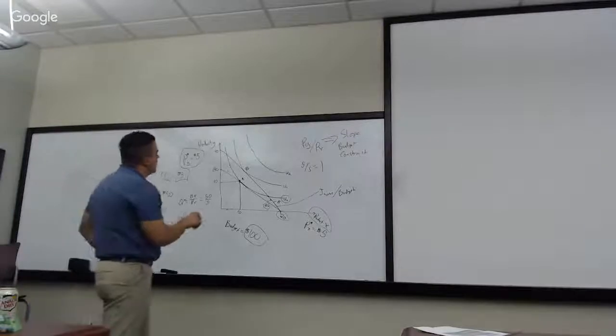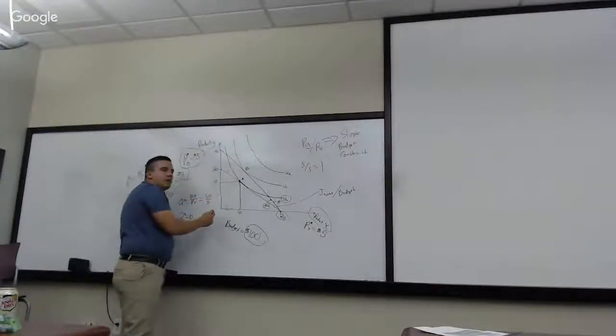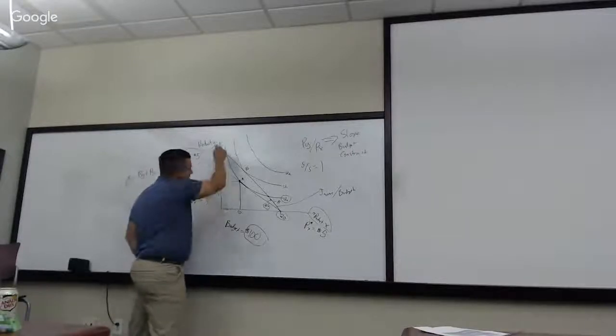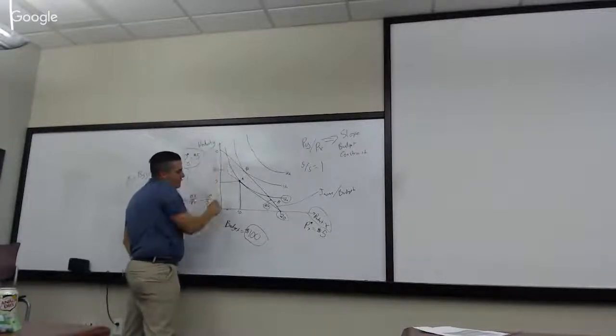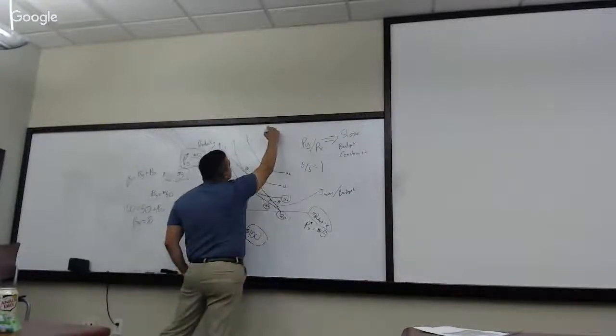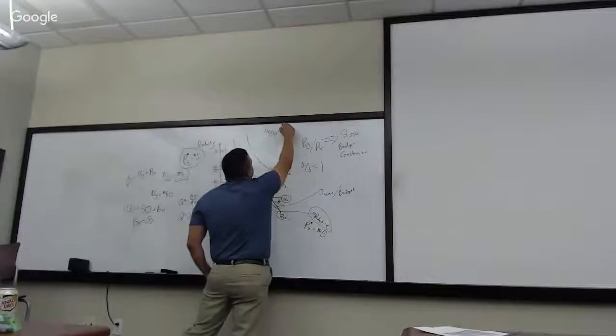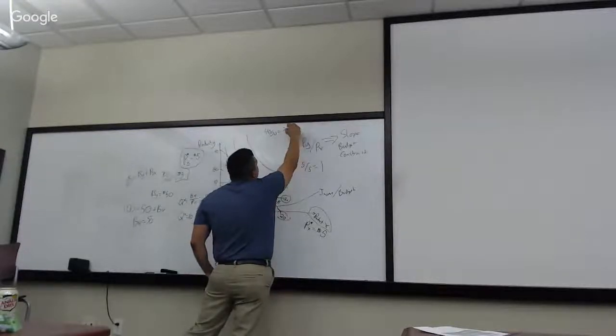Now the slope is, if we were to drop down 40, we'd have to move over 20. So rise over run is 40 over 20, so 2 is our relative price.